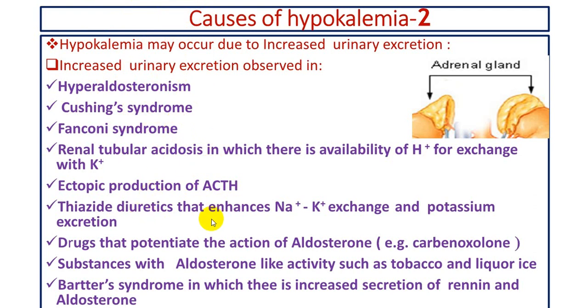Thiazide diuretics particularly will enhance the sodium and potassium exchange and potassium excretion. So sodium will be exchanged for potassium loss. That will be very commonly seen in a person with thiazide diuretics in excess. There are some compounds which will increase the action of aldosterone and can produce potassium loss.